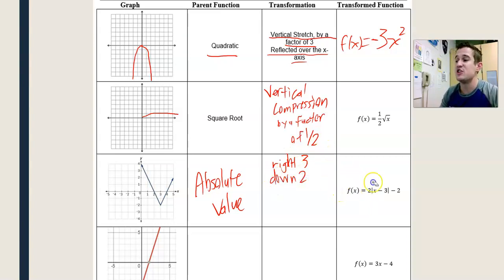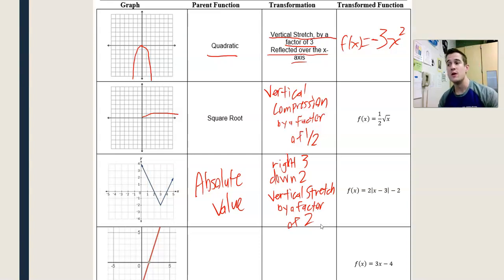And now, in addition to that, I have an a value out here. I have a number in front, so that's going to be a vertical stretch. By what factor? By a factor of 2. So that's how I describe my transformation. A vertical stretch by a factor of 2, moved right 3, down 2.